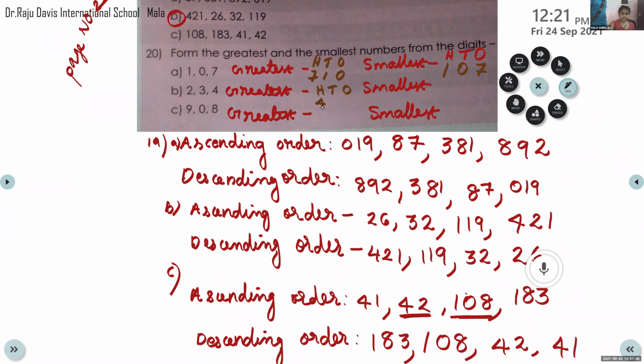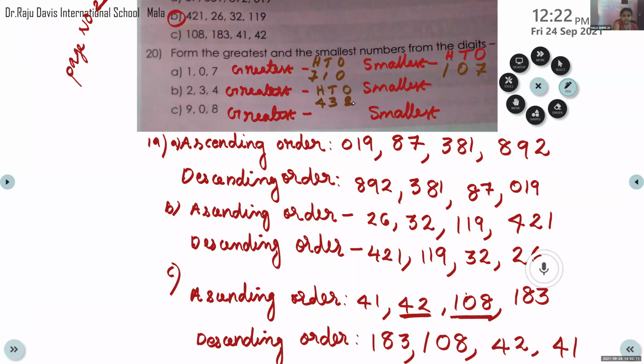Tens place, 3. Ones place, 2. Will you read this number? 432. Correct answer, my dear. Good. Now, thank you, ma'am. Welcome, dear.